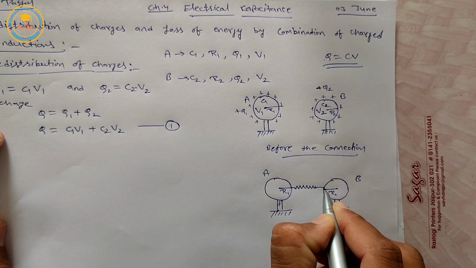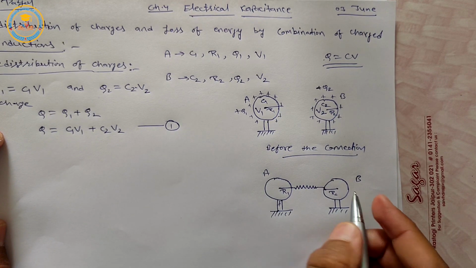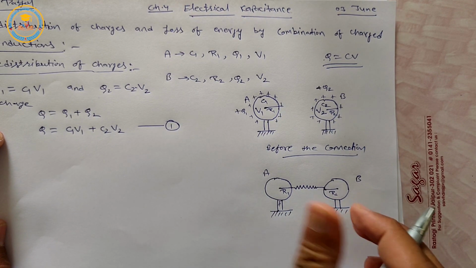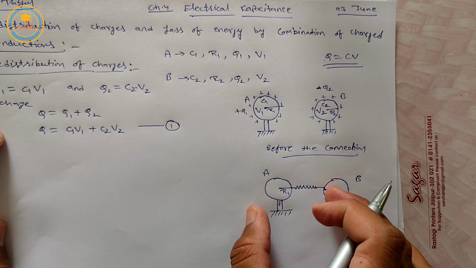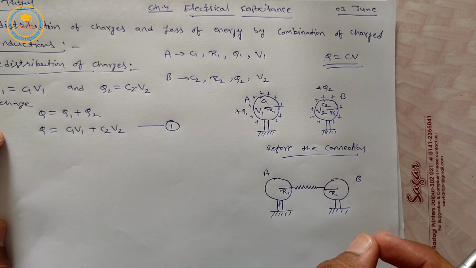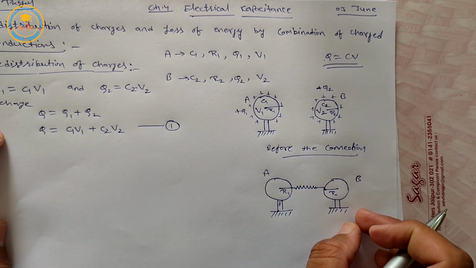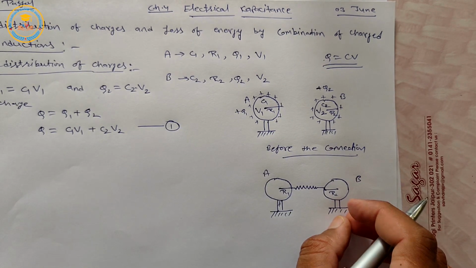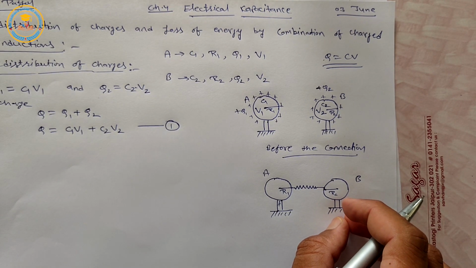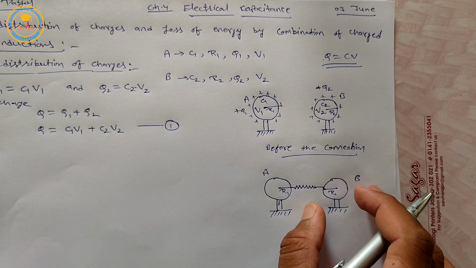This is the connecting wire. Then in this situation charges are redistributed from one conductor to another until the potential is equal on both conductors.